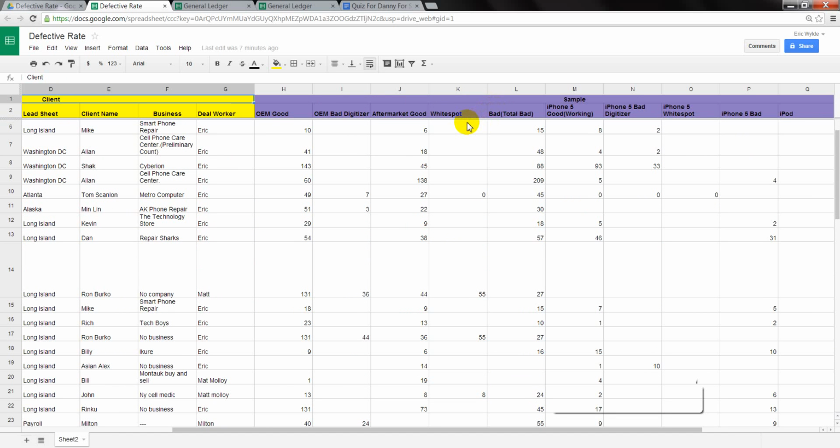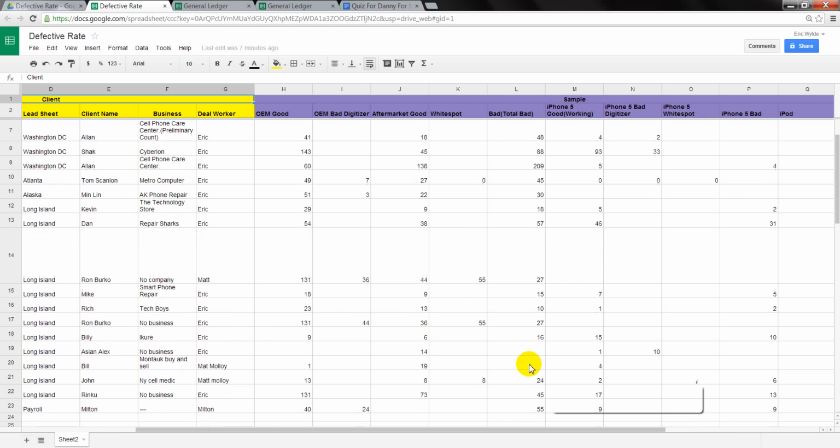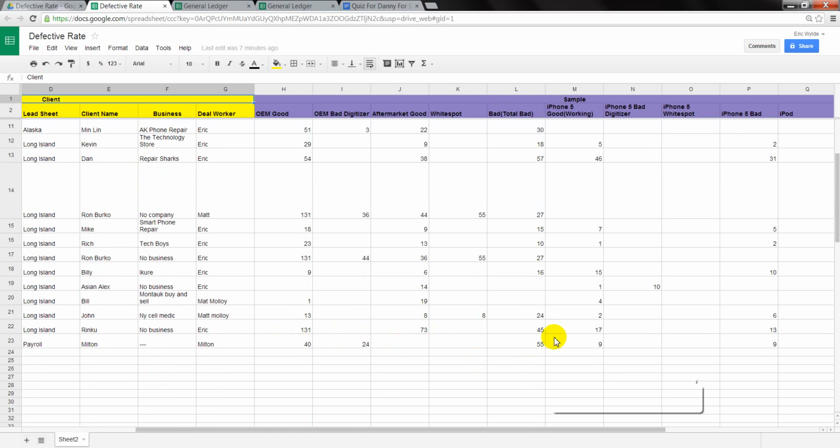The reason that we do this is because many times clients will claim that they only have a 90% good rate and only 10% are defective. If this is true, if this is not true, we could always look it up in the defective rate. And if they ever ask, we have the records. So that's why we have the defective rate ledger.